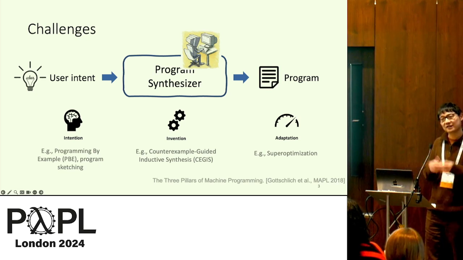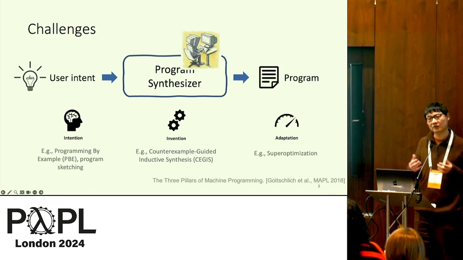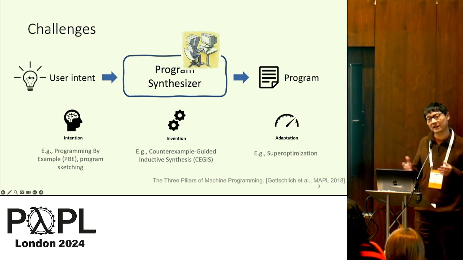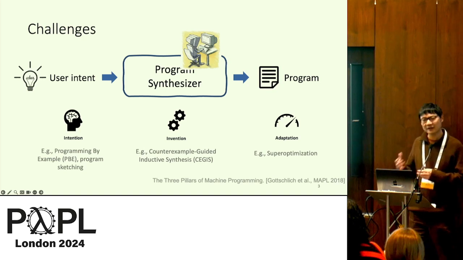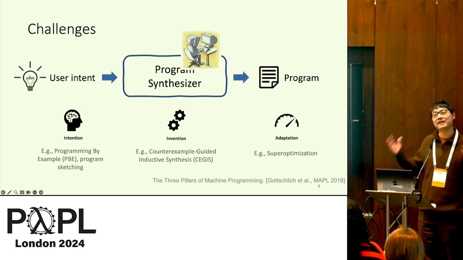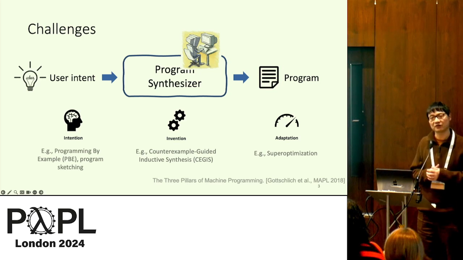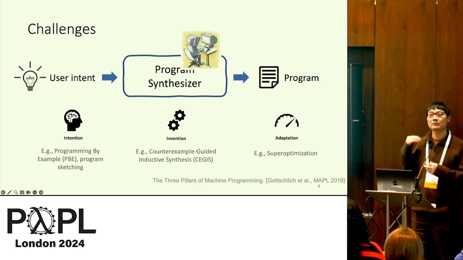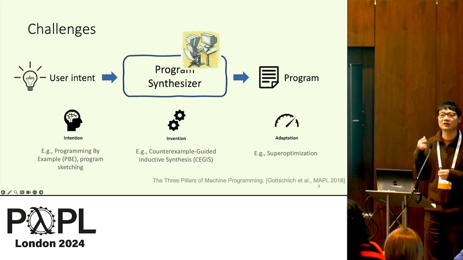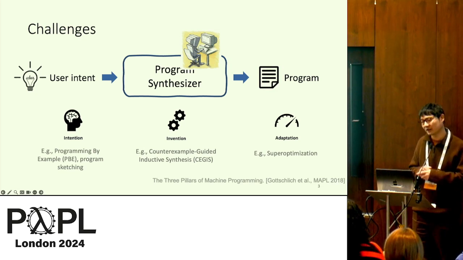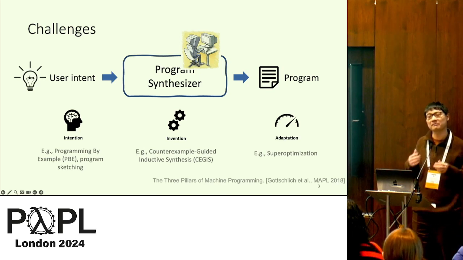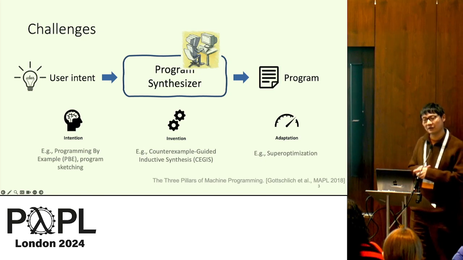And invention is just what's happening under the hood. Right? How can we search the space? And adaptation means that we can have many programs satisfying the specification, right? But not all of them are born equal. Some are better, sometimes we want an optimal one, sometimes we want to satisfy some quantitative metrics. The superoptimization from the compilers community can be viewed as a kind of adaptation.